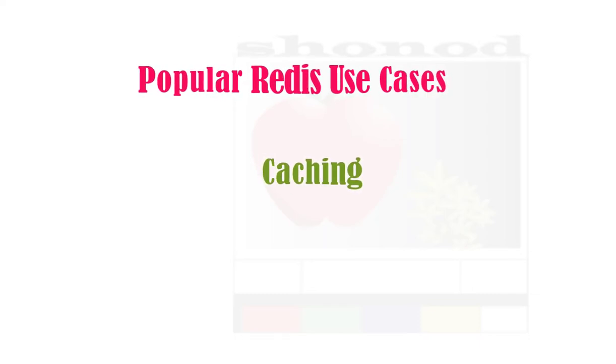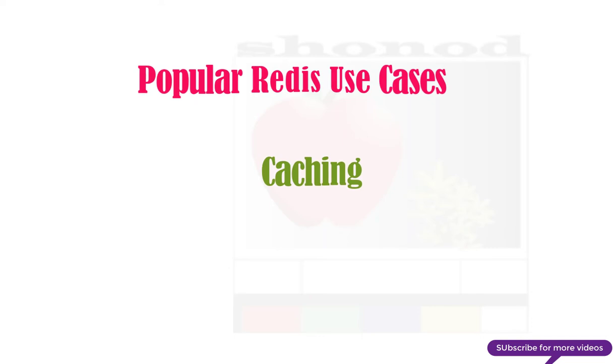If we want to provide the fastest web service, web servers and applications that run in the fastest way need caching. So Redis is used for caching also. Redis is a great choice for implementing a highly available in-memory cache to decrease data access latency, increase throughput, and ease the load of your relational or NoSQL database and applications.